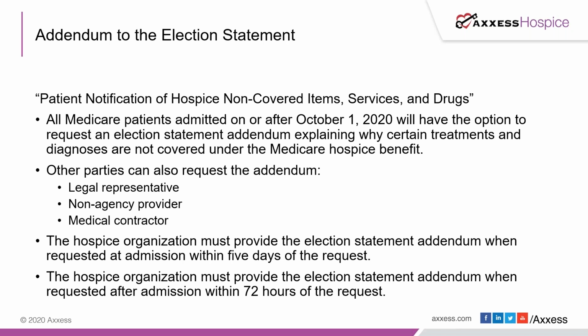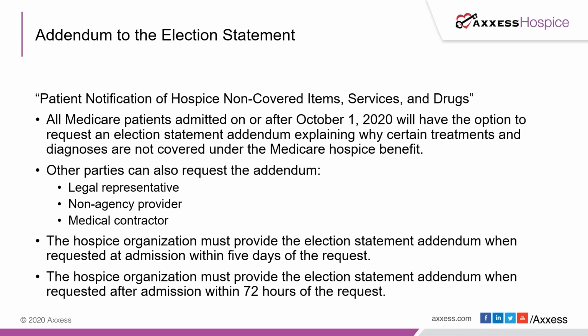It's not all patients forever, and it's not non-Medicare patients at this time, although it could change at any point in the future. But right now, it's Medicare patients admitted on or after October 1st will have the option to request this election statement addendum explaining why certain treatments and diagnoses are not covered under the hospice Medicare benefit.